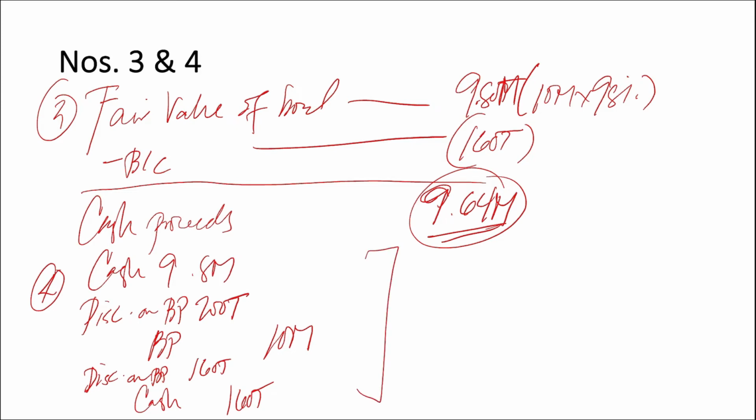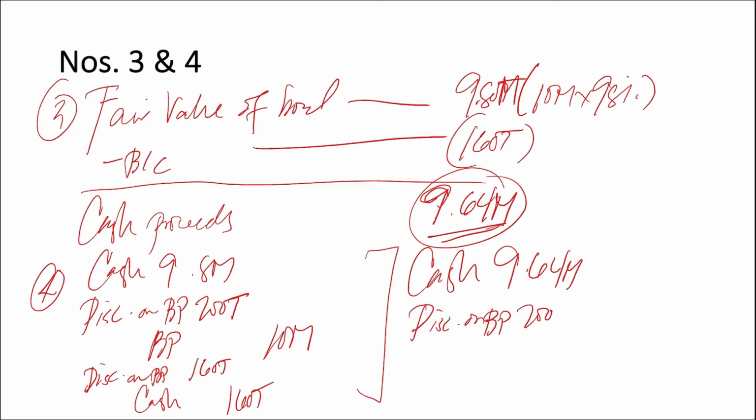Compounded entry: debit cash, 9.64 million, debit discount on bonds, it must be 360, then credit bonds payable, 10 million.